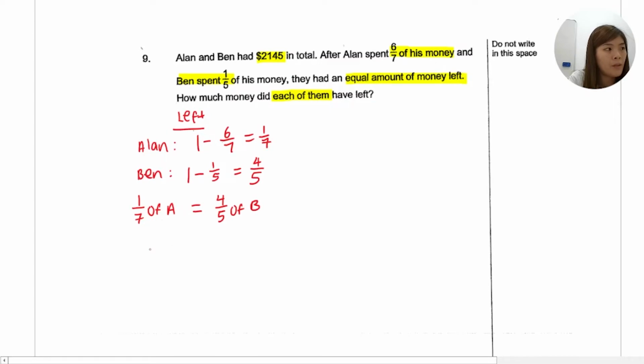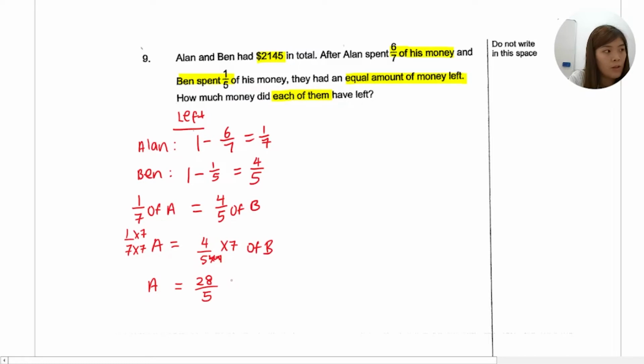So by doing the comparison, Alan has 1/7. I try to make this to 1, so I need to multiply by 7. Times 7. So here will give you Alan, and Ben will be 28/5.